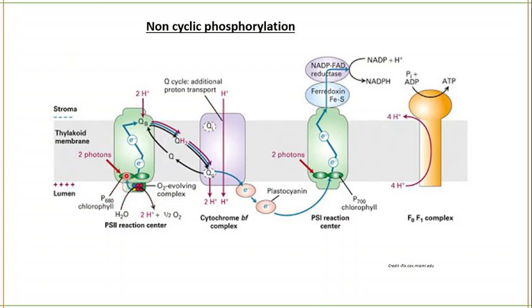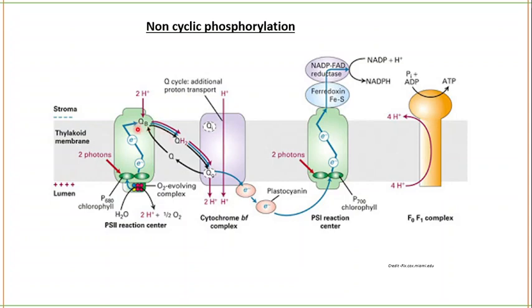Then the electrons will move to pheophytin, and pheophytin transfers its electron to plastoquinone B. There are two forms of plastoquinone. One is plastoquinone A and the other is plastoquinone B. The primary form is actually plastoquinone A, which is bound to the D2 protein, but plastoquinone B is the other, secondary form, which is bound to the D1 protein.